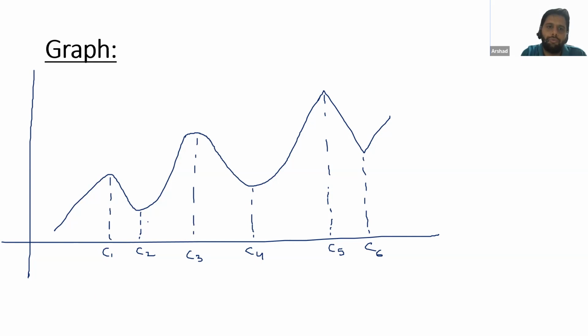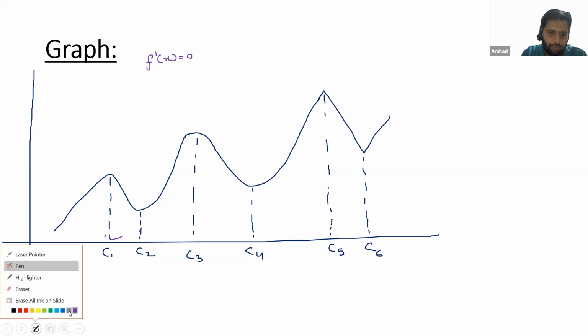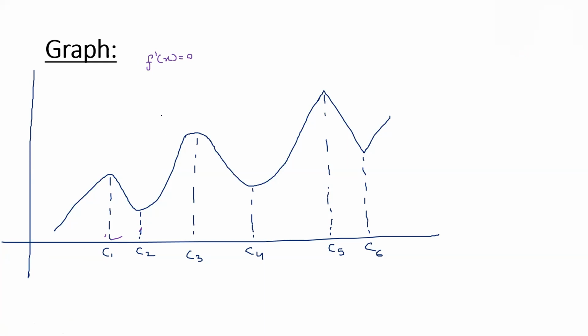Yes, the point at which f dash x is 0, and there is one more point: the function is not differentiable at a corner point. Very good. So critical points are those at which the derivative of the function is 0 or the derivative does not exist, or we can say the function is not differentiable at that point.